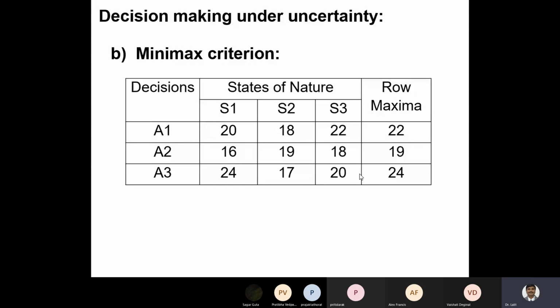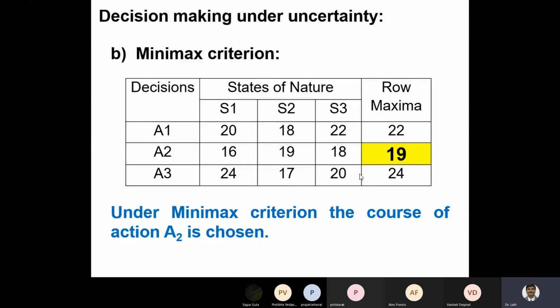Fine. So if the decision maker decides to go for minimax criteria, which course of action should he opt? 22, 19, and 24 are the maximum losses or maximum costs. Out of these three, the minimum loss is 19.